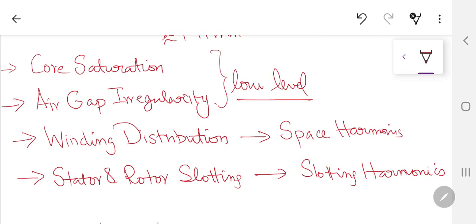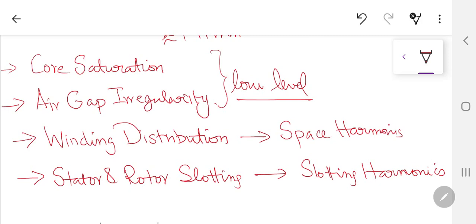So if you have some deep slots or some narrow slots, there is always going to be an air gap difference, which means a reluctance difference, which we have talked about previously also, that the more slots you have, the more irregularities or bumps you have inside the air gap, which is actually the average magnetic field inside the air gap. So they are also going to give rise to some slotting harmonics.